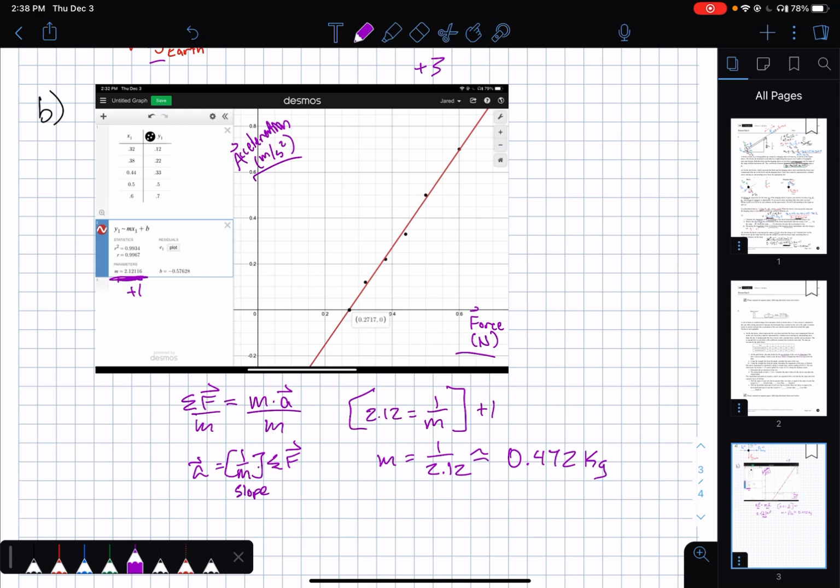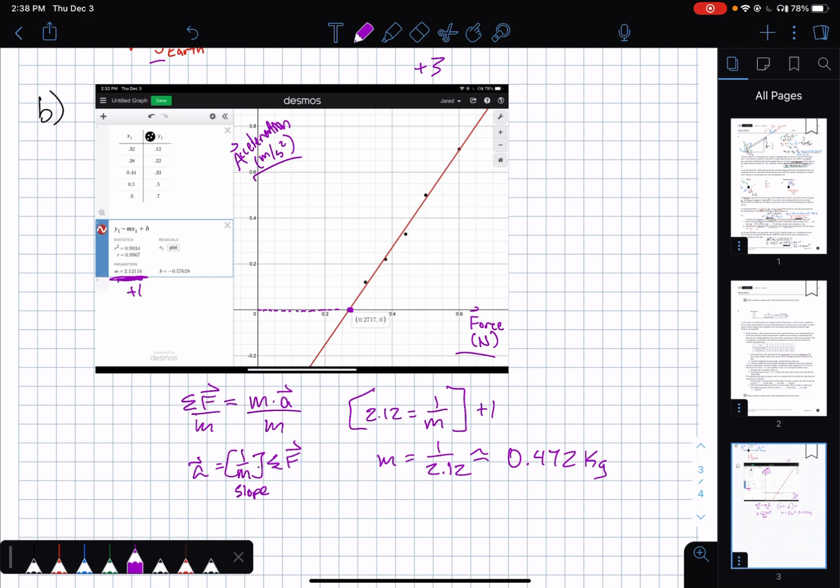Using the straight line graph, determine the magnitude of the force of friction. So you've got this force being applied until you get to the actual acceleration of the cart.